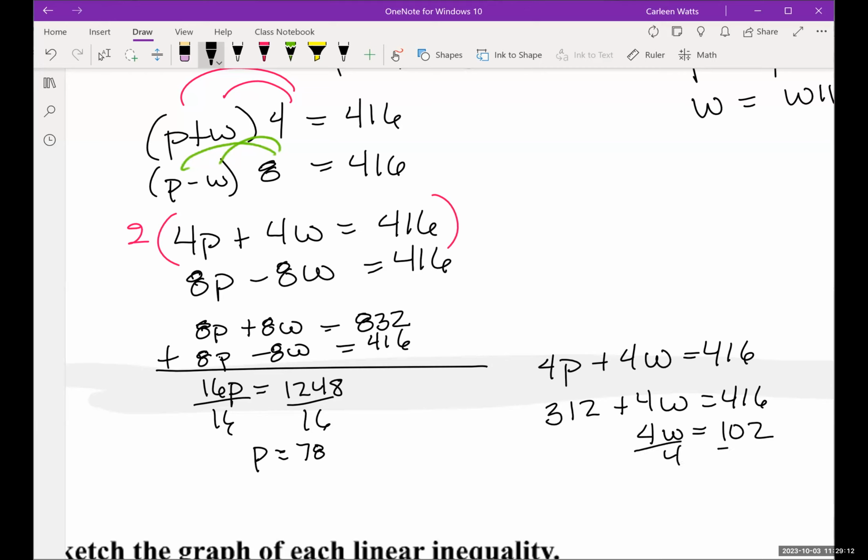Divide by 4. 26. The wind is going 26 miles per hour. Okay, so these word problems, they tend to come out a little funny. Like the wind's pretty fast and the plane's pretty slow. It just happens. But you get the point.